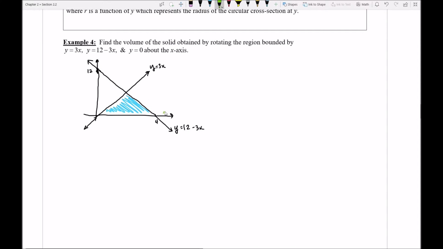Now I just have to figure out what it would look like if I was to rotate this region around the x-axis. So to do that, I'll go over here, and I'll sketch out a region similar to the one that I have, but I'll leave this extra space down here at the bottom for my mirror image. I'm just going to draw this triangular space, and again, my duplicate existing down here.